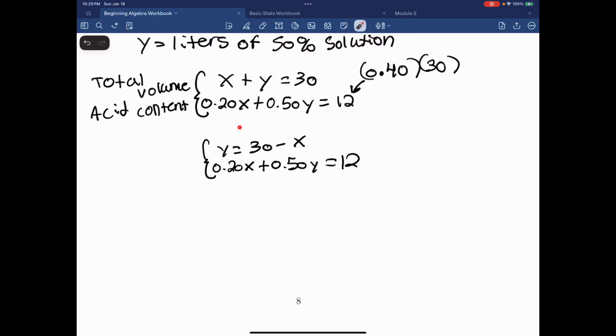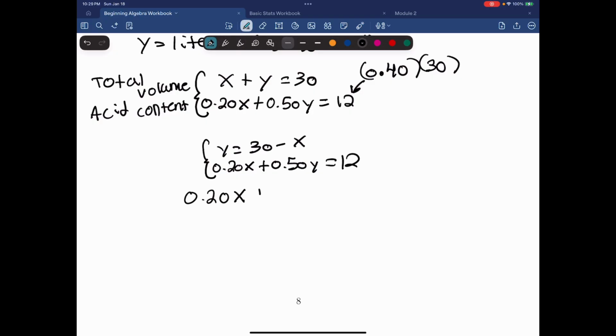Now that the first equation is solved for y, I'm going to substitute this expression, 30 minus x, in for y. So what we're going to get is 0.20x plus 0.50 times y, which is 30 minus x, equals 12.